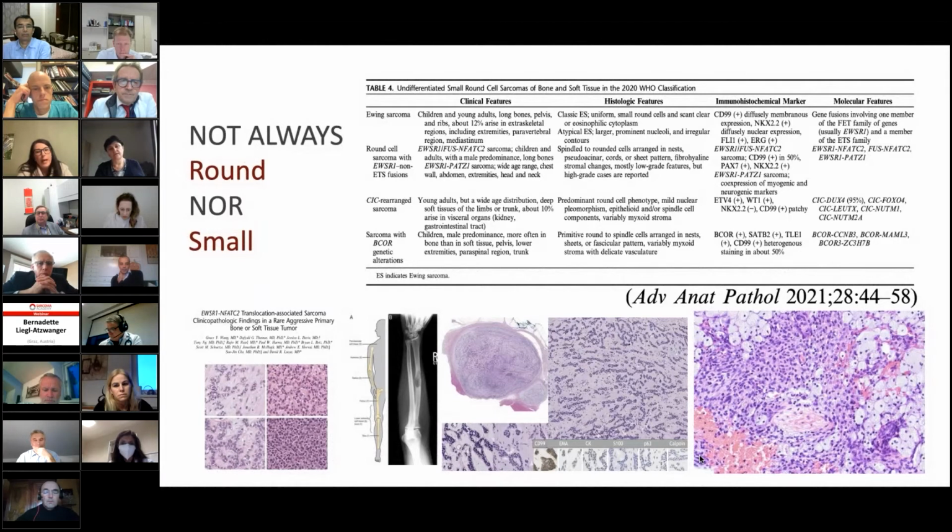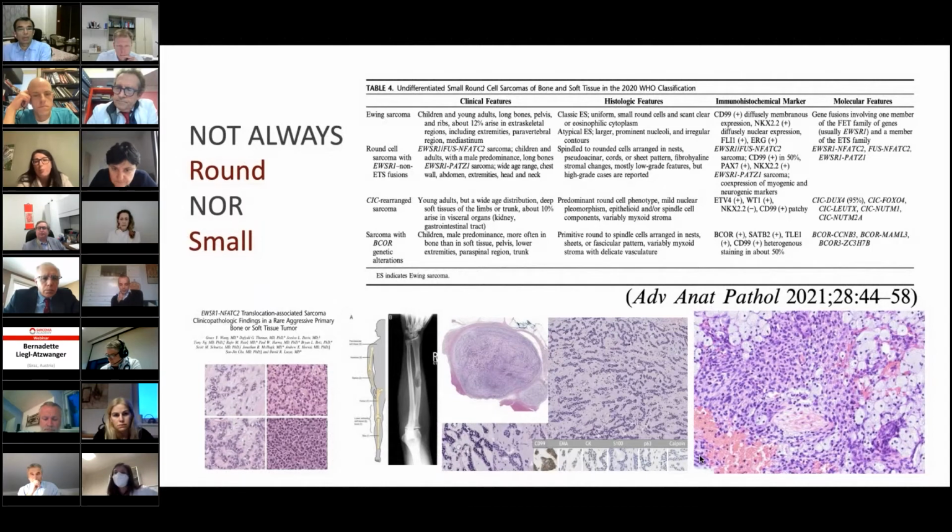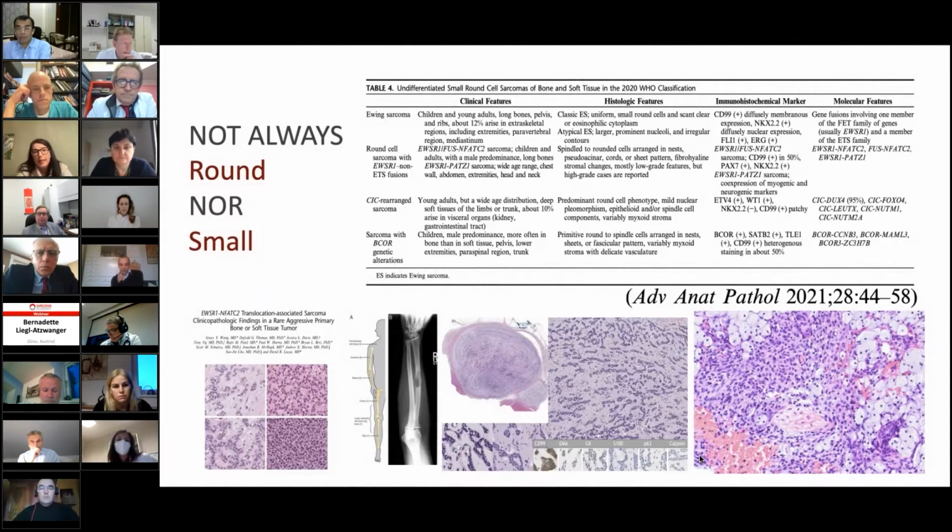And I think these tumors are very likely not to be round and not to be really very small cell. We have here a very heterogeneous morphologic pattern. Some of them look more like myoepithelial tumors, and more tumors with these fusions are popping up. And I think that not all of these tumors should be put really in a sarcoma category.